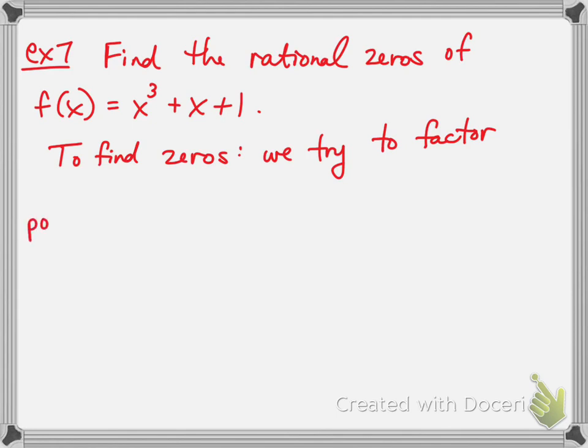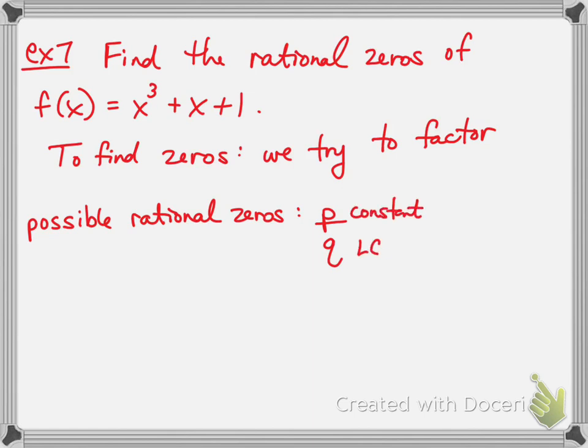So we can find our, I always say, possible rational zeros are equal to P over Q, where P is the constant and Q is the leading coefficient. So, wow, we're dealing with 1 as our constant and 1 as our leading coefficient.